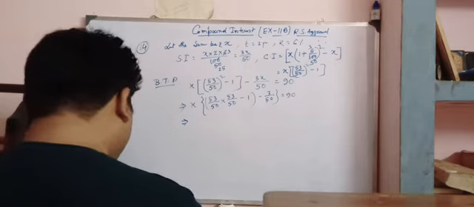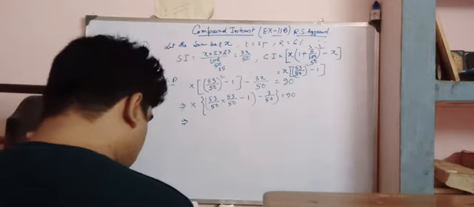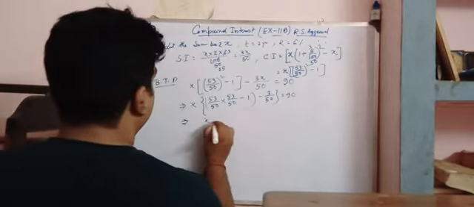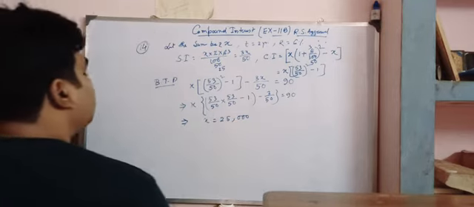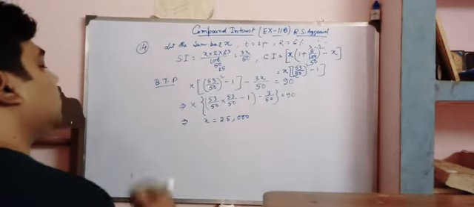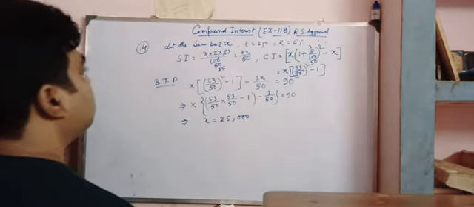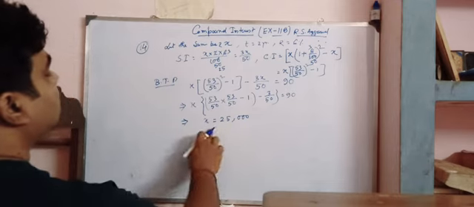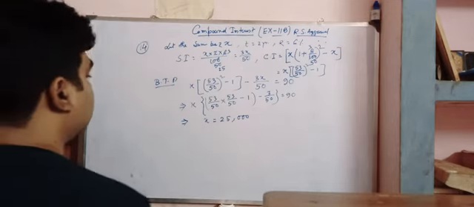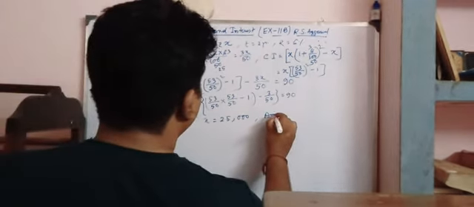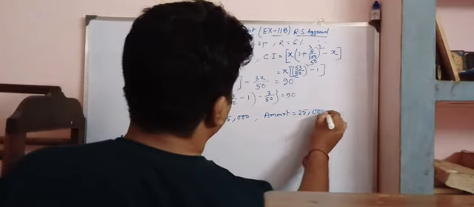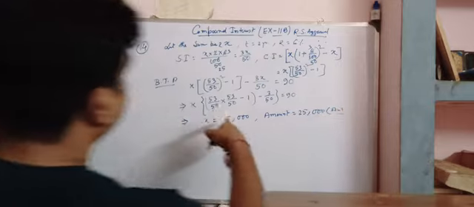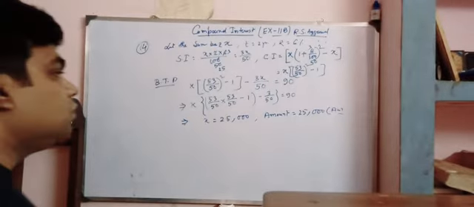The answer should be 25,000. If you need the calculation, I will give you the calculation also. But for this video, you can write only x is equal to rupees 25,000. So that should be my answer. This is actually the process to find the solution.